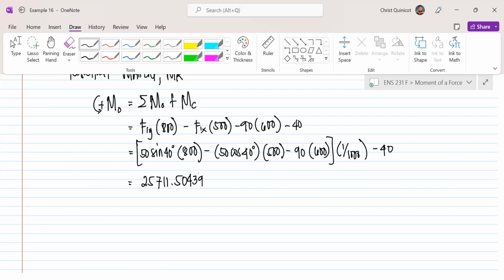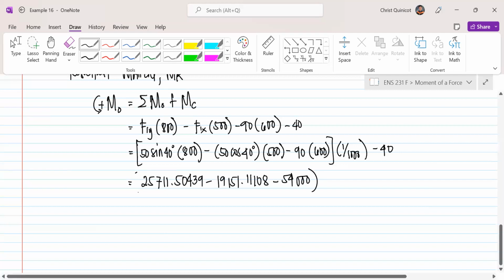That is 25,711.50439. Let me calculate it again. 50 sine 40 times 800 is 25,711.50439, minus 50 cosine 40 times 500, and that is 19,151.11108, and then minus 90 times 600, and that is 54,000.